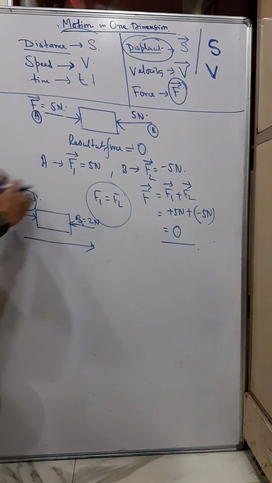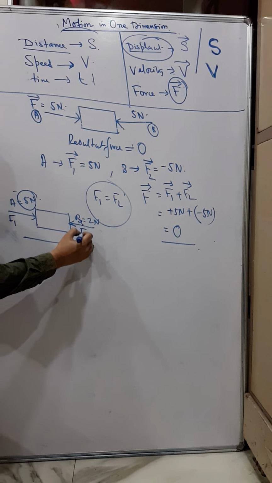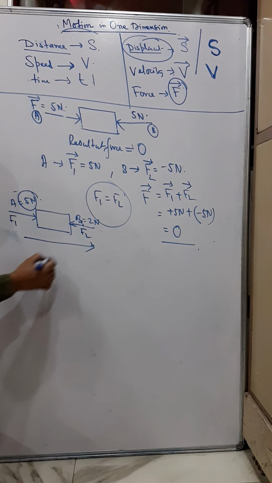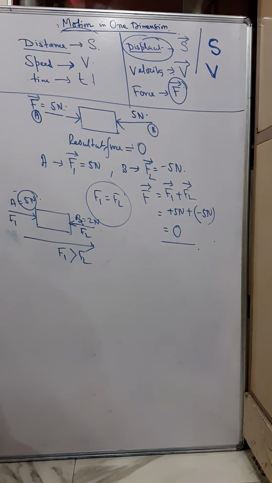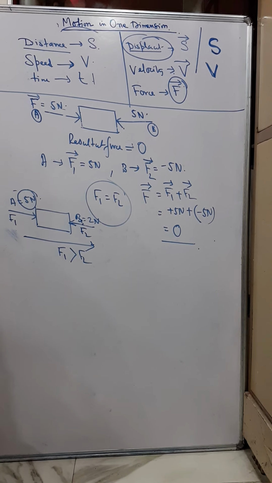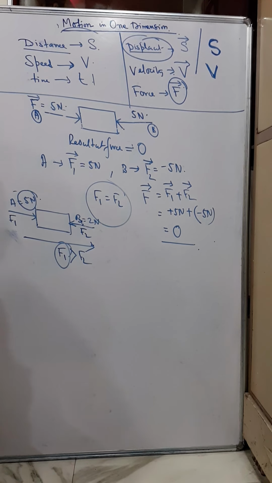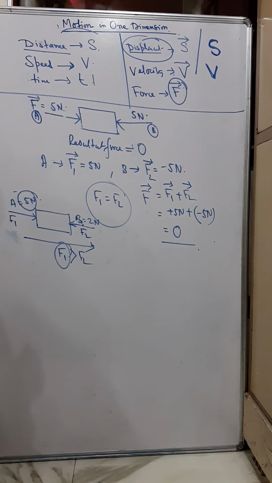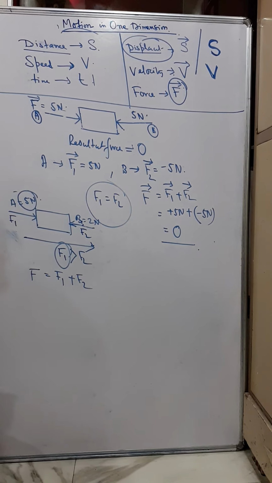We can explain this in vectors. A is applying F1, B is applying F2. Here F1 is greater than F2, so naturally the body will move along the direction of F1. What will be the resultant force? The resultant force again will be F1 plus F2.